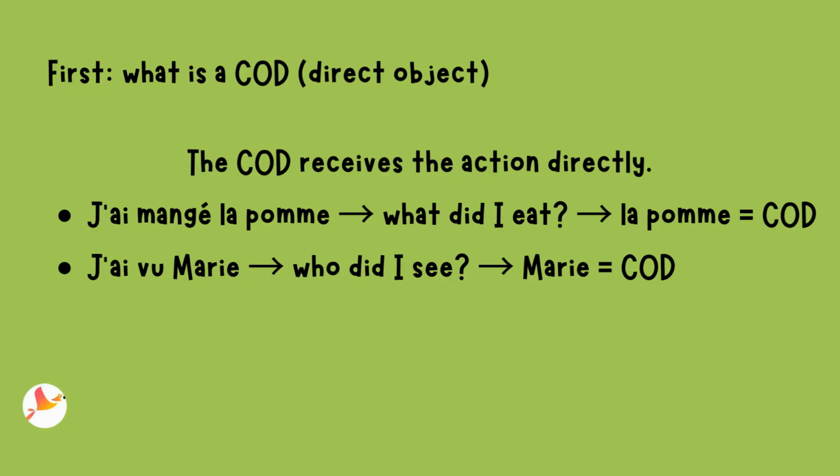The response, the apple, is your direct object of the verb, right? What the verb or what the subject is acting on. Okay? J'ai vu Marie. So I saw Marie. Therefore, Marie is the direct object, the COD.